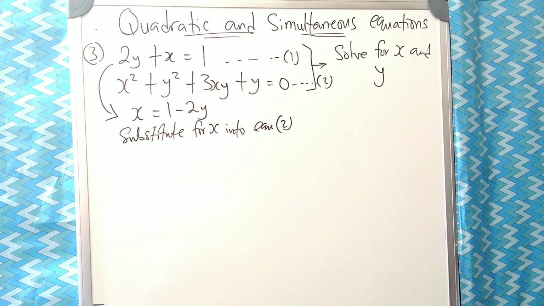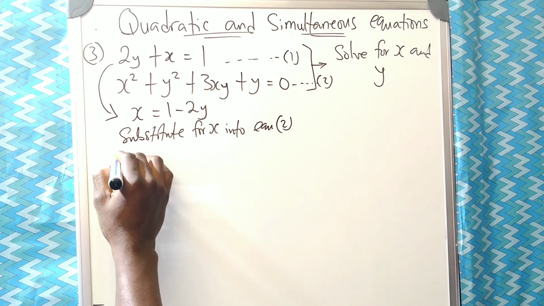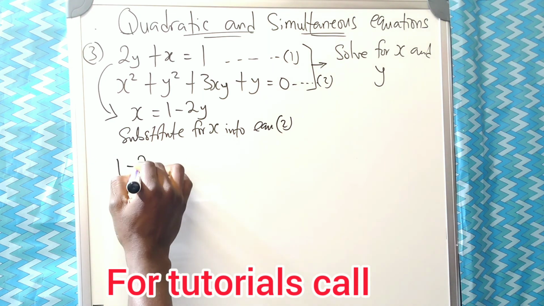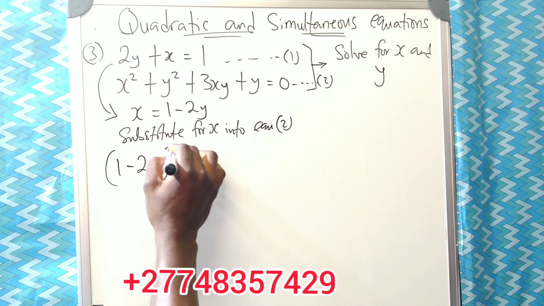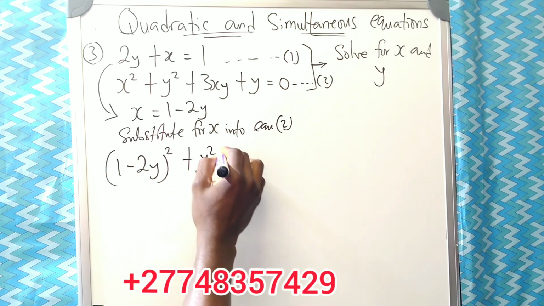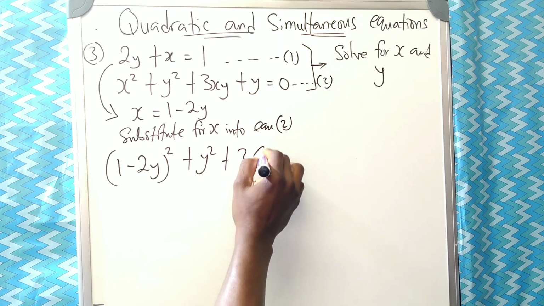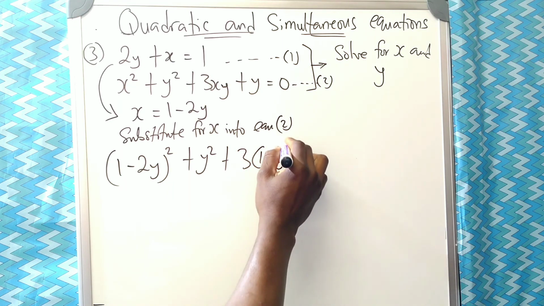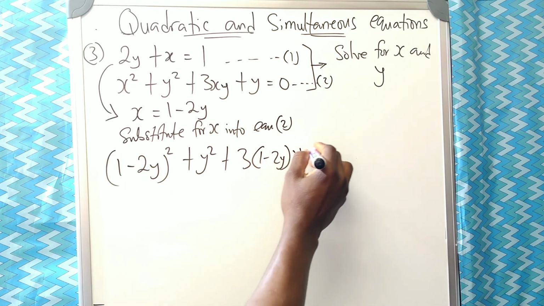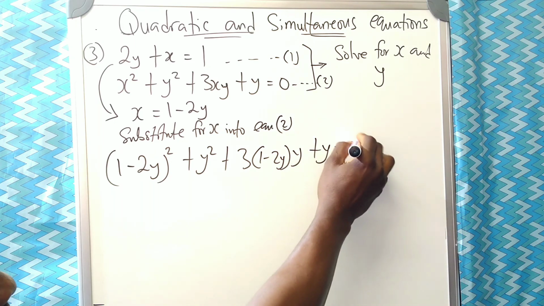That means everywhere we see x, we substitute 1 minus 2y. So let's go. We have (1 minus 2y) squared plus y squared plus 3(1 minus 2y), then we have another y, plus y equals 0.